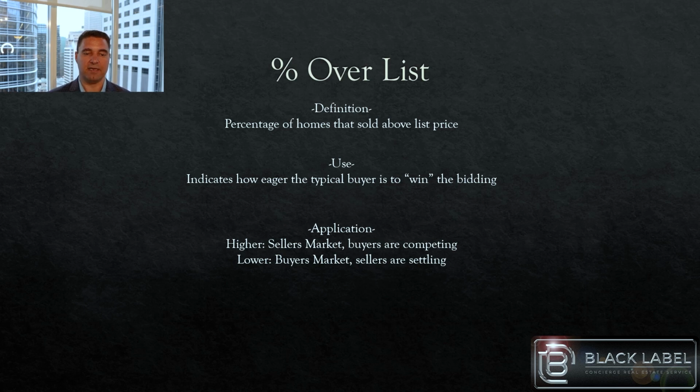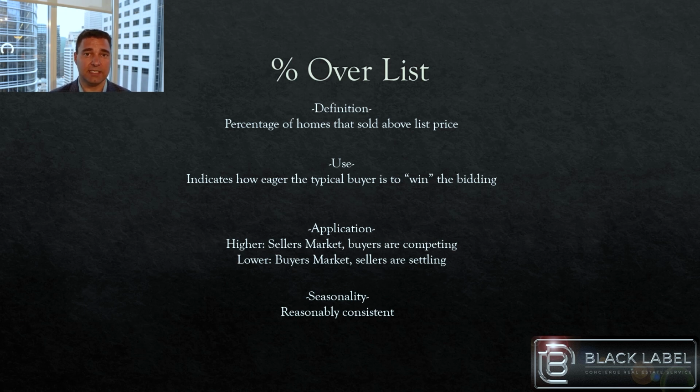And if the number is lower, you will see that homes are typically sitting on the market longer and buyers are offering less than list price. So you'll see that in sellers markets when it's hot, this number, especially here in San Francisco, can be up as high as like 70, 80%, where almost every home is selling above list price.